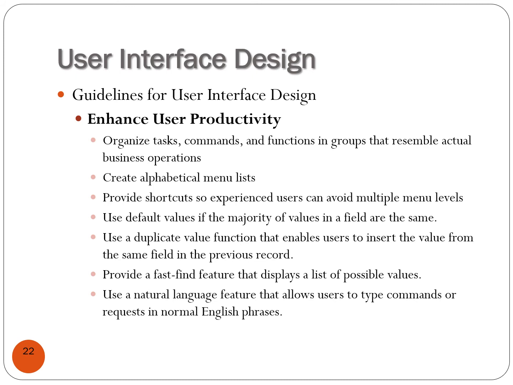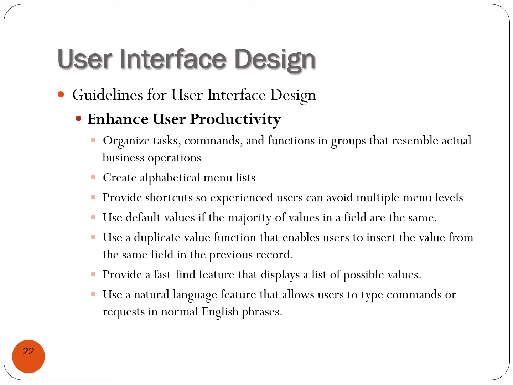To enhance user productivity, you can use the following tips. First, organize tasks, commands, and functions in groups that resemble actual business operation. Second, create alphabetical menu lists. Third, provide shortcuts so experienced users can avoid multiple menu labels. Fourth, use default values if the majority of values in a field are the same.